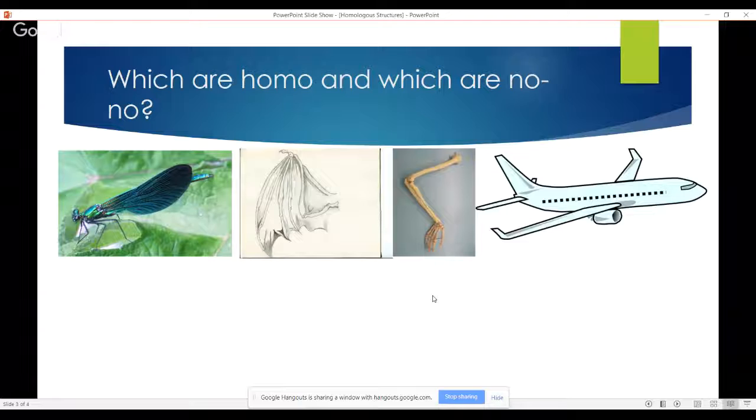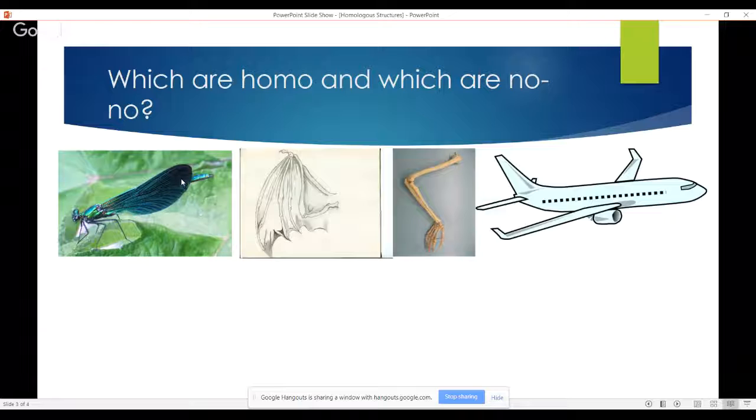So we would originally, perhaps, want to group those together and say that the human arm is non-homologous, and the others are homologous. What we need to know is that just because something is used for the same purpose doesn't mean they're homologous. Being homologous has to do with how it's built up, where it came from.